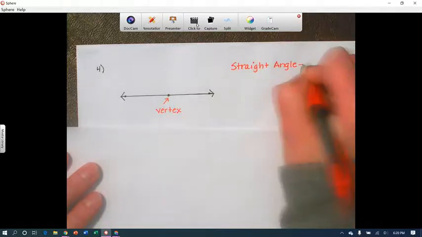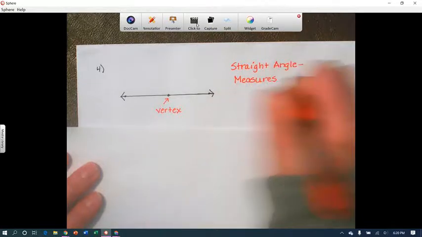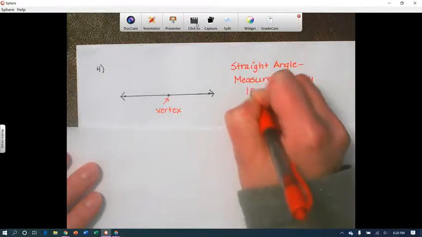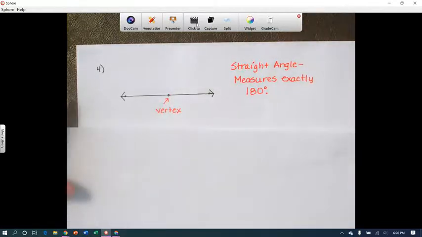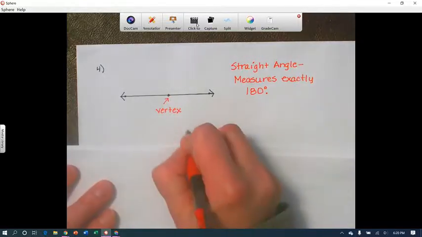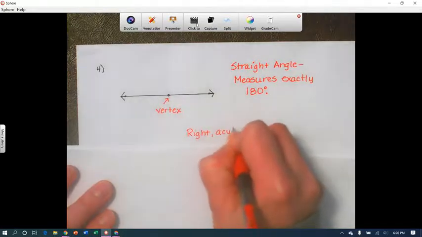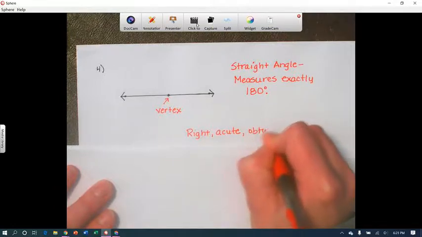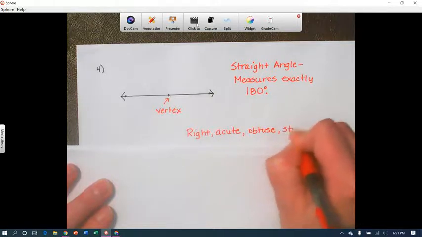And a straight angle measures exactly 180 degrees. So there are 4 types of angles. I'll write them down here again. We have right angles, acute angles that are less than 90 degrees, obtuse angles between 90 degrees and 180 degrees, and straight angles.